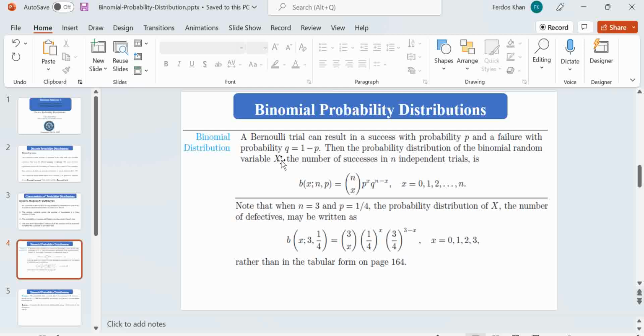So x is the number of successes, n is the total number of trials, and we denote this by b, that's for binomial: b(x; n, p). x is the random variable, and n and p are the parameters of this distribution, which is equal to n C x, or n combination x, p power x, q power n minus x, and x is 0, 1, 2 up to n. This is the number of successes.